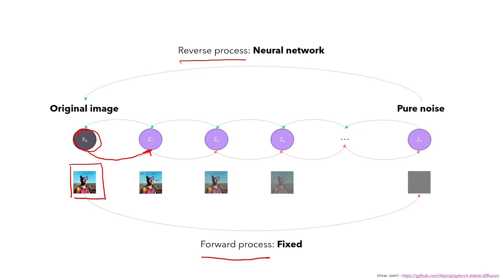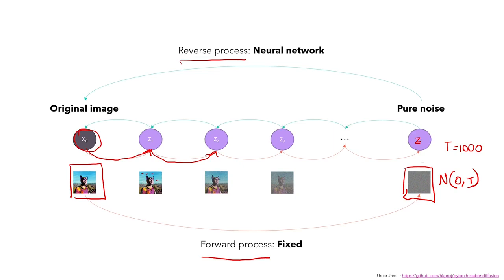Then we take this image which has a little noise and we generate a new image that is the same as the previous one but with even more noise. As you can see, this one has even more noise, and so on, until we arrive at the last latent variable called zt, where t is equal to 1000, when it becomes completely pure noise, like N(0, I), because we are in the multivariate world.